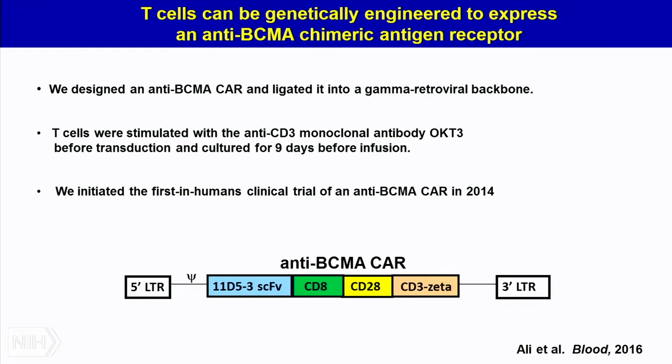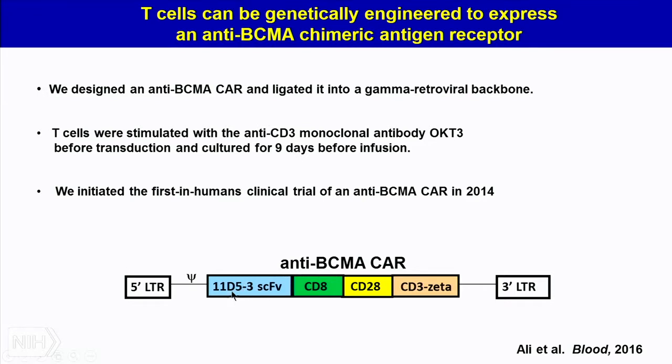We designed this CAR, which is shown below, and we used our usual process of putting it in a gene therapy vector, stimulating T cells and transducing them with a new gene, and then using those T cells to treat patients. We initiated our first in humans clinical trial in 2014. This is the CAR. It has an 11D5-3 single chain Fv.